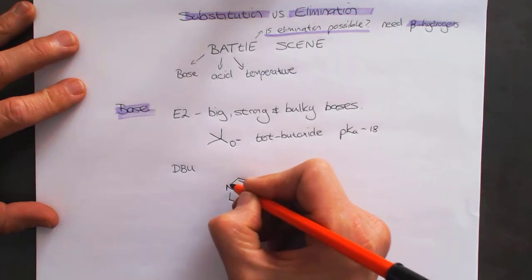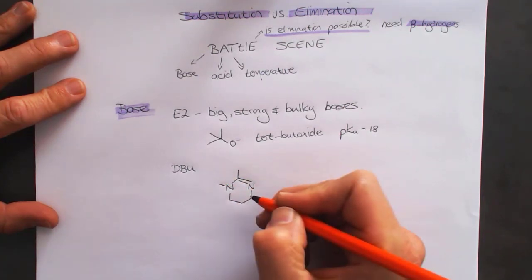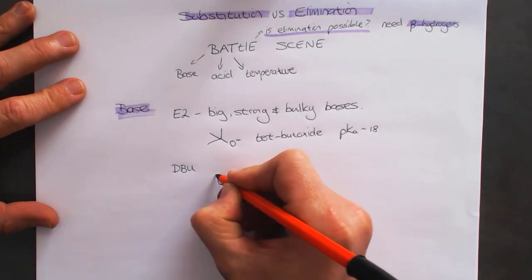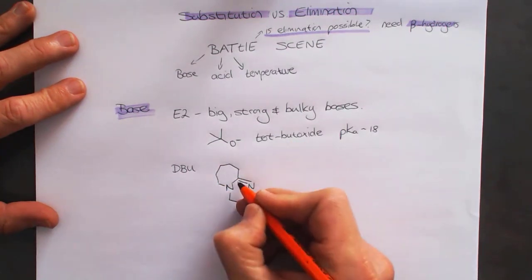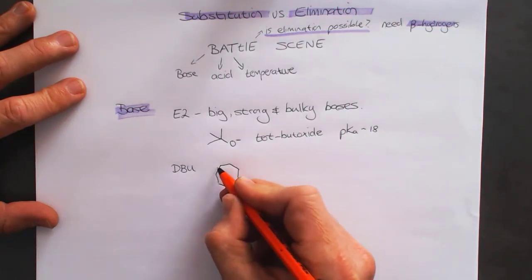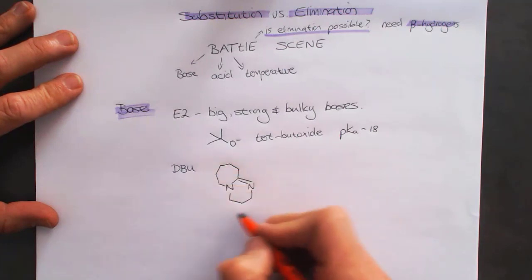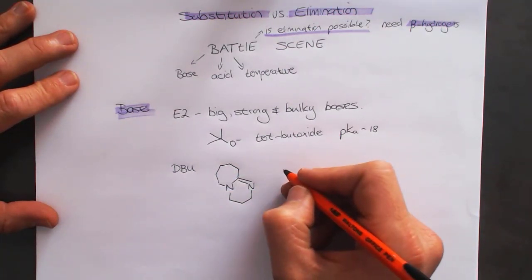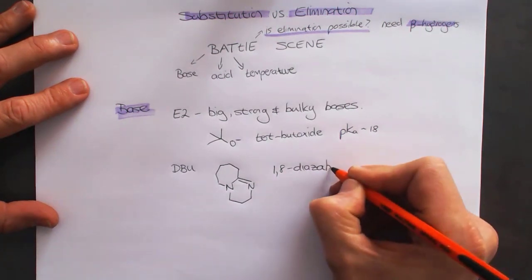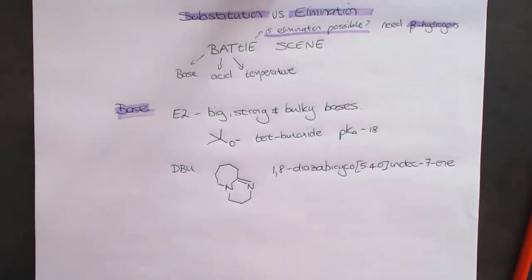And then the hard part is that connecting this nitrogen and this carbon over here is a 7-membered ring, and 7-membered rings are always a pain to draw. I don't often get it right. Let's see if I got it now. 1, 2, 3, 4, 5, 6, 7. Yes. All right. So this is DBU, and its name is 1,8-diazabicyclo[5.4.0]undec-7-ene, if you believe that.